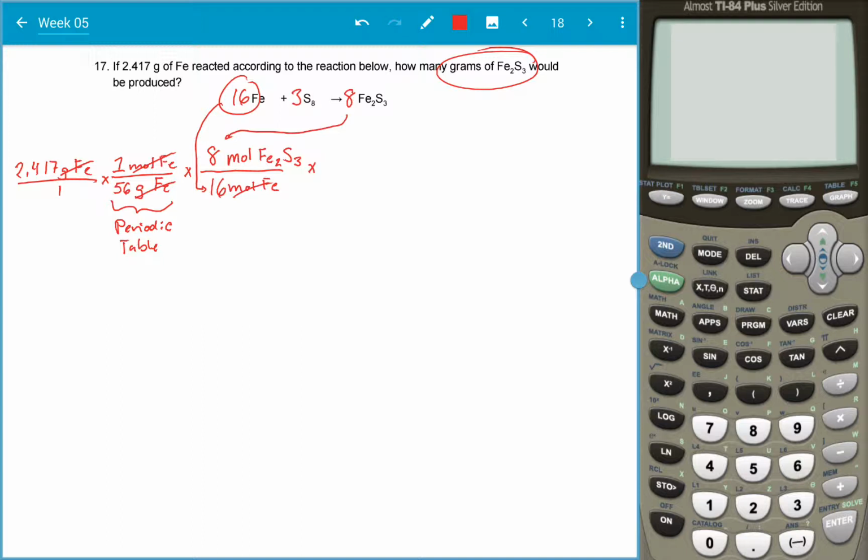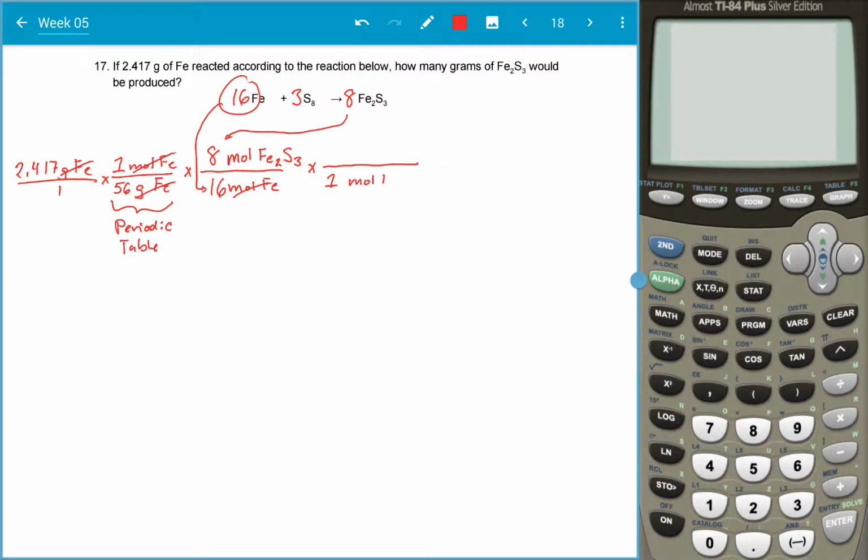If we look at the problem, it asks for grams of iron 3 sulfide. Well, right now I'm in moles of iron 3 sulfide, which is close, but not the same. To get from moles to grams, whatever we would add up off the periodic table for the iron 3 sulfide would be how many grams 1 mole would weigh.